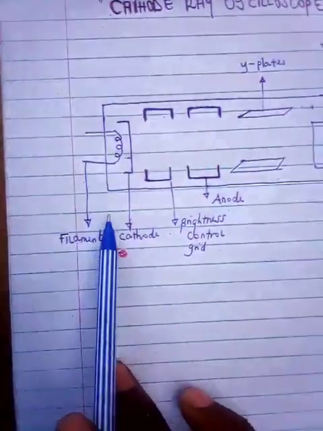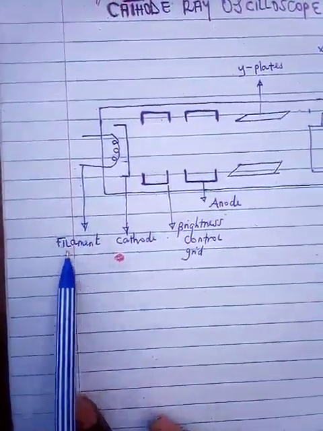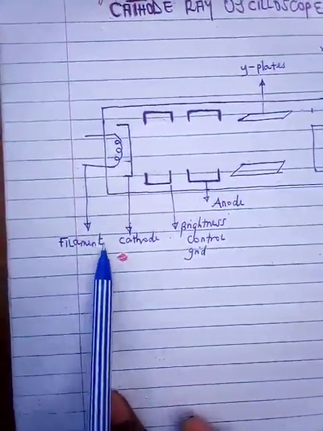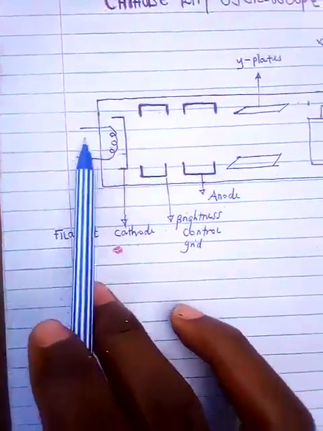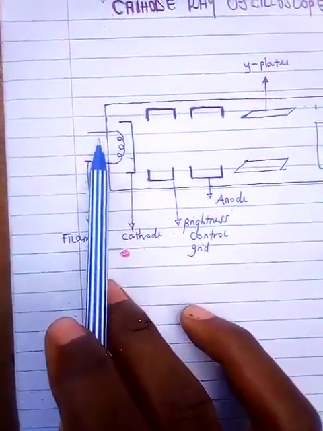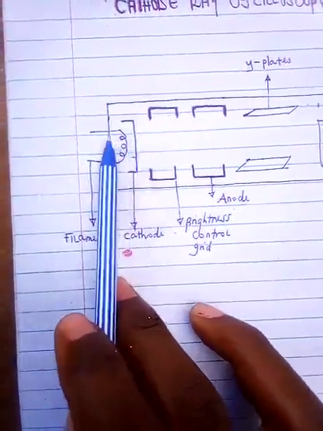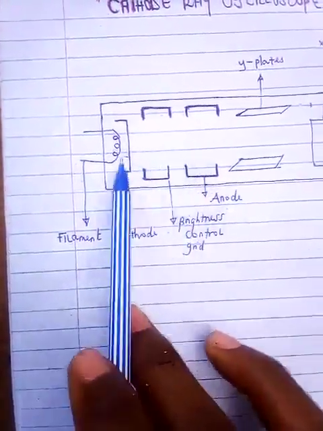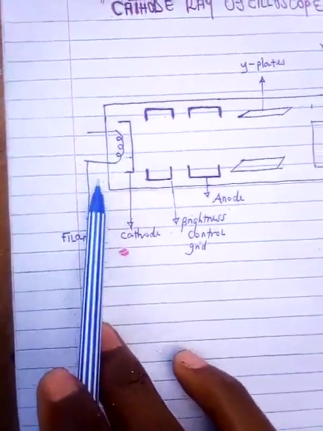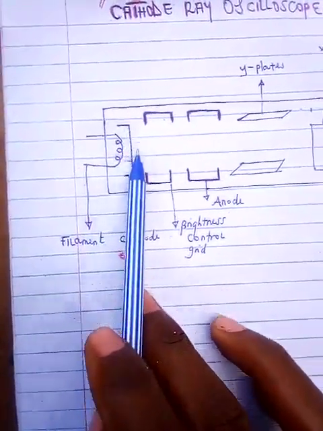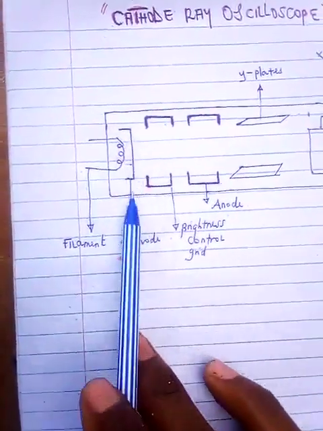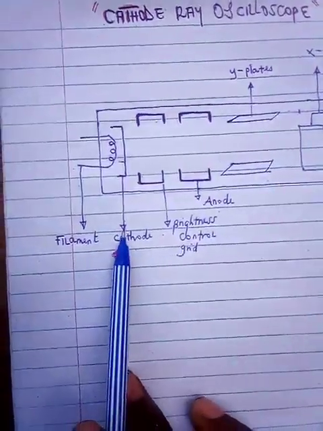There are instances where the filament itself can be considered the cathode, because it becomes so heated that it can begin to release electrons. But in this case, its function is to heat up the metal structure here, which we call the cathode.